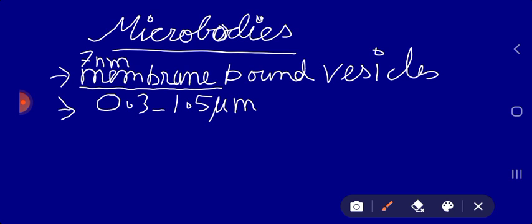now cytochemically, microbodies can be defined by their catalase activity. That means the enzyme makes up about 1/4 of all the proteins in the organelle.